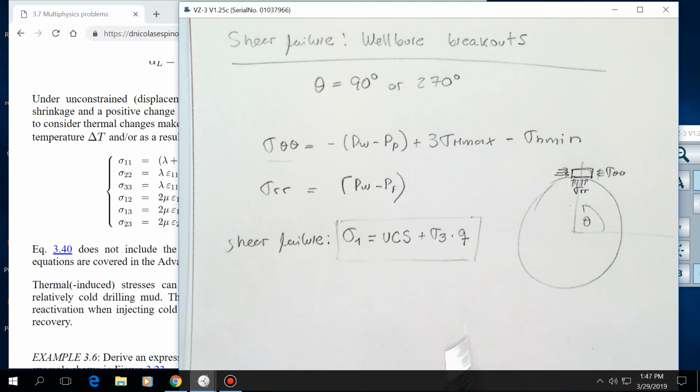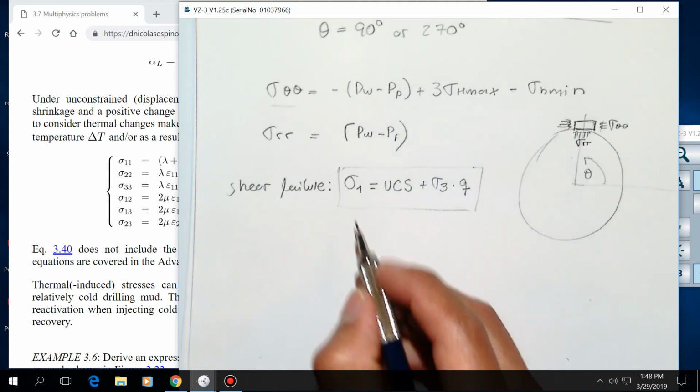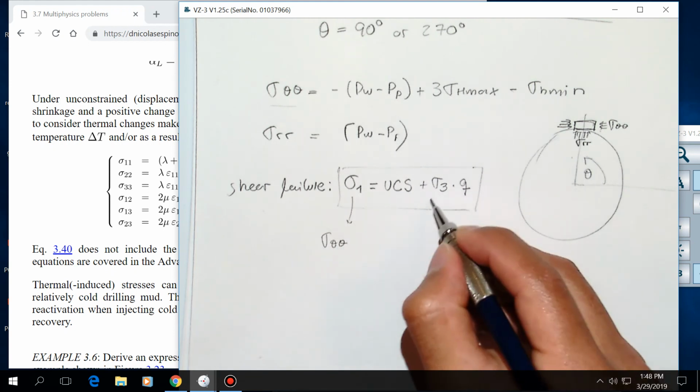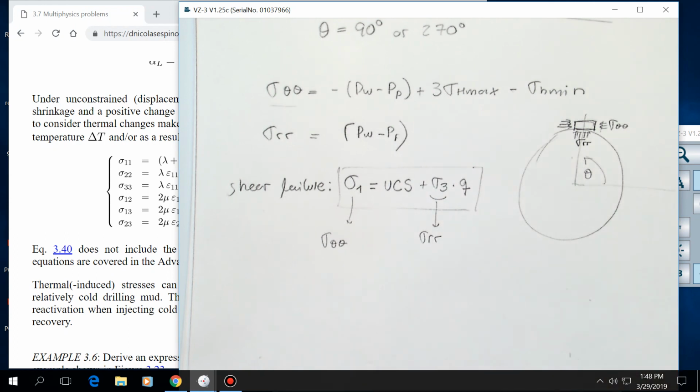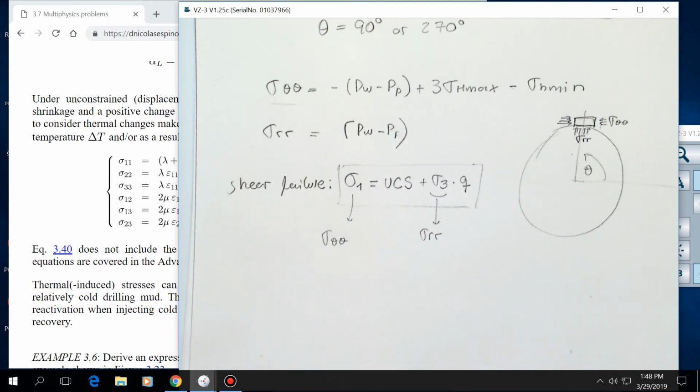So all I'm going to do now is replace sigma 1 by sigma theta theta and sigma 3 by sigma RR, and you see that some terms repeat in the equation.